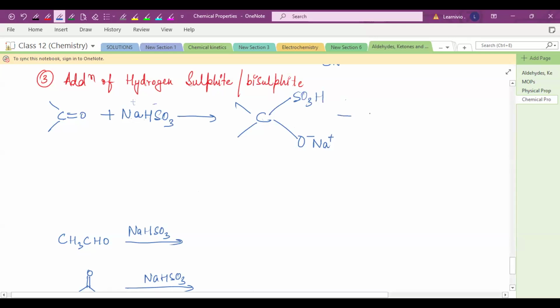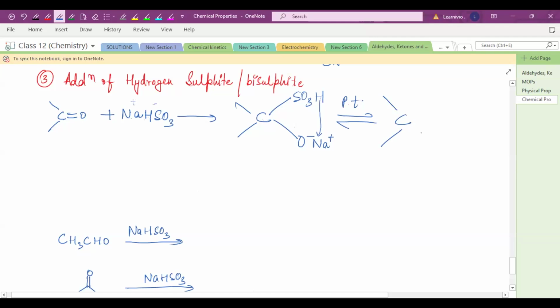Now what happens here? This is not quite stable. What happens from here? This hydrogen, this proton, gets transferred here. So this process is known as proton transfer. The proton is transferred from this SO3H to the oxygen to become more stable, to become a bisulfite addition product.